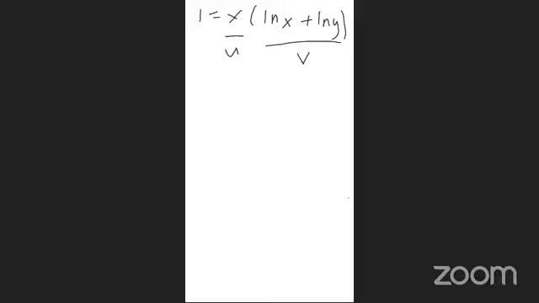So what is the derivative of u? So let's get the derivative na this one using product rule. So what's the derivative of 1 is equals to 0. So 0, then derivative of x times v, so 1 times ln of x plus ln of y, right?